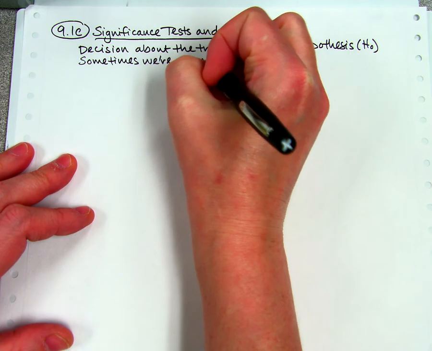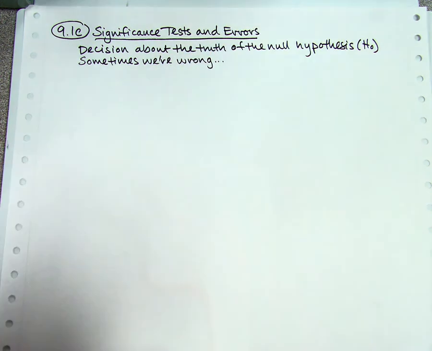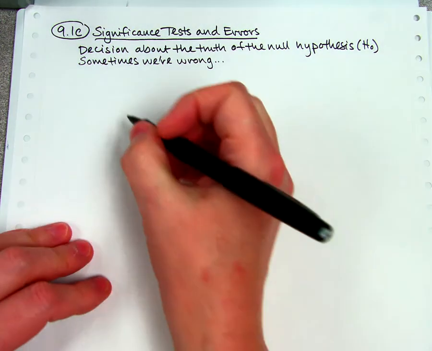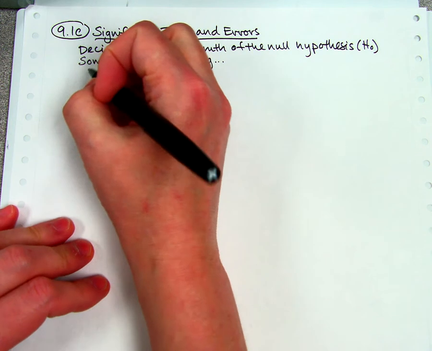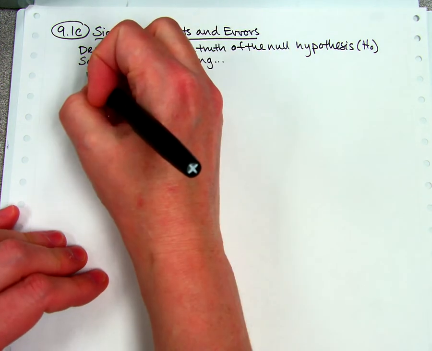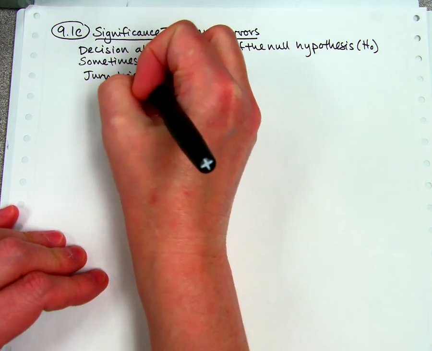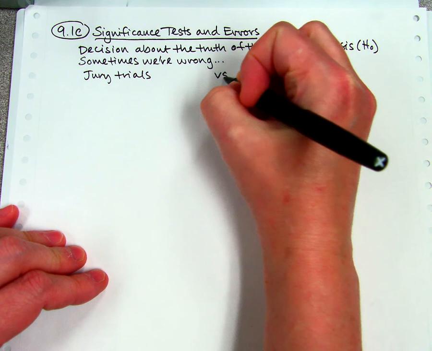There's a saying that says statistics means never having to say you're certain. We're almost certain that this is true, but not quite. So I have an analogy that really helps to understand this, and we're going to talk about law and jury trials for just a bit, and we're going to compare them to significance tests.